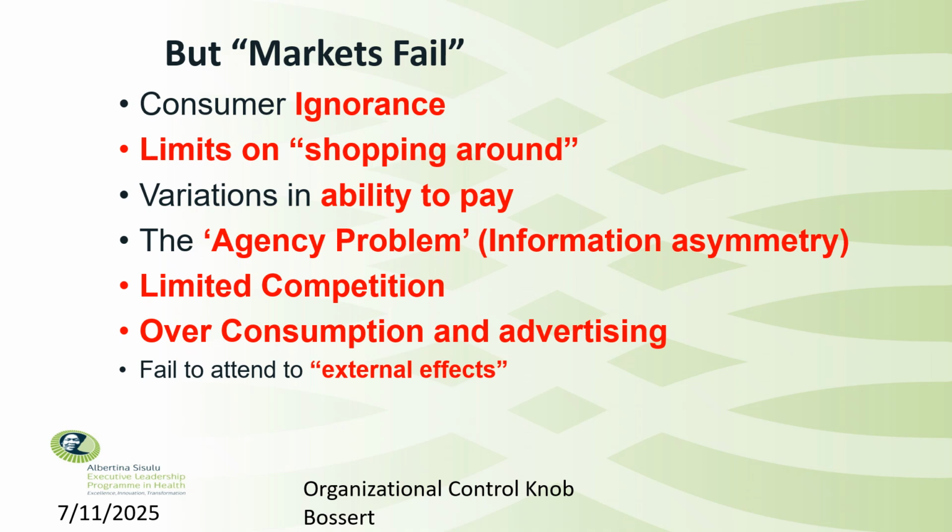The doctor is potentially pushing the cesarean section because it may be easier for them. They don't have to wake up in the middle of the night to do a normal delivery. And of course, there's a higher cost associated with the cesarean section, so they're able to generate more money. So suddenly you can see that there's an agency problem here.